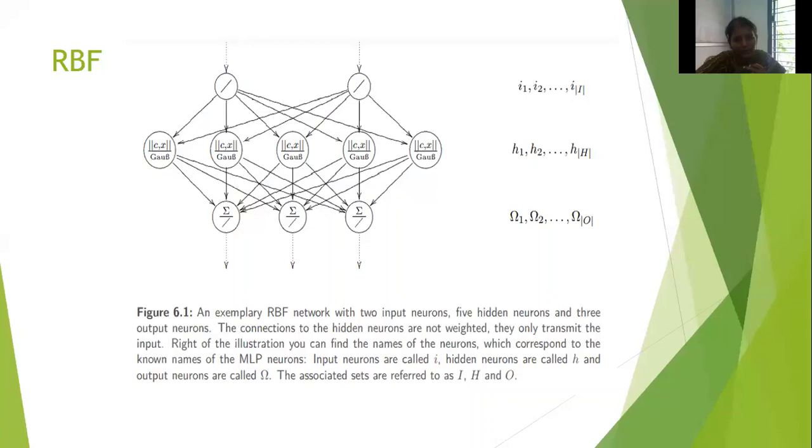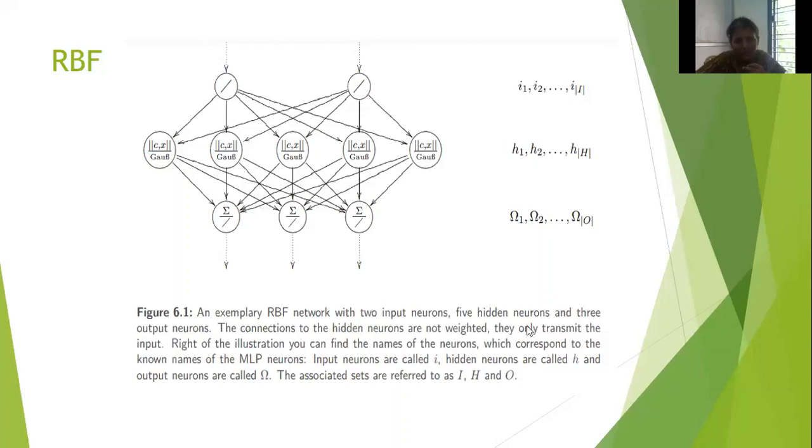So we can see this neural network's layers, also known as multiple layer perceptron neurons. The input neurons are indicated with the small a. Hidden neurons are called H and output neurons are omega. See the structure of radial basis function.